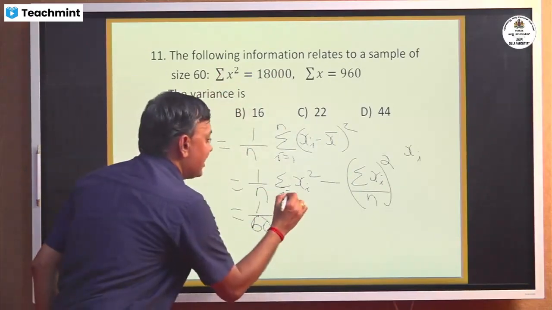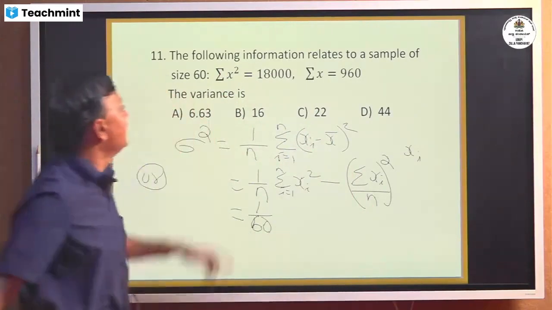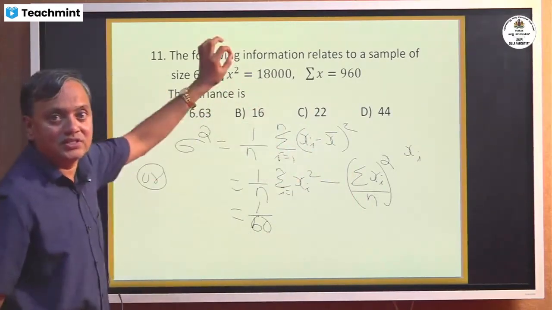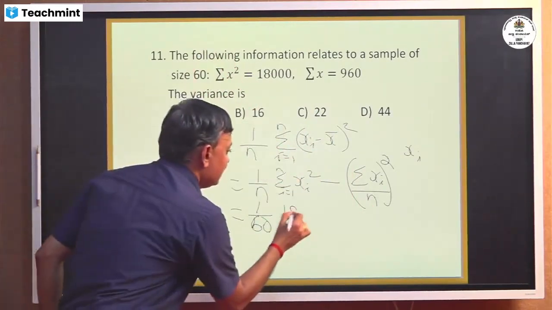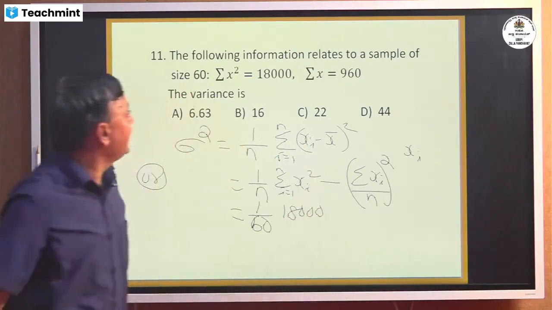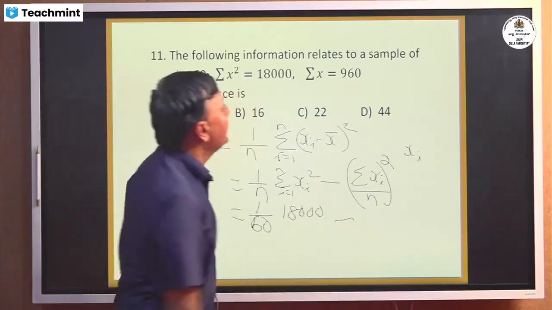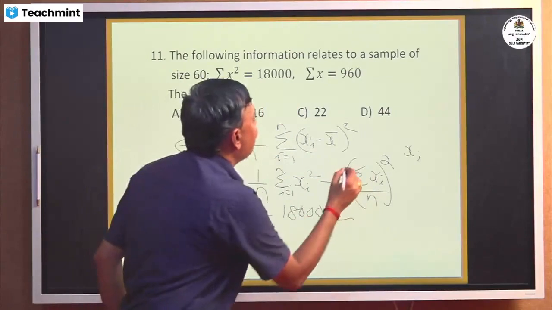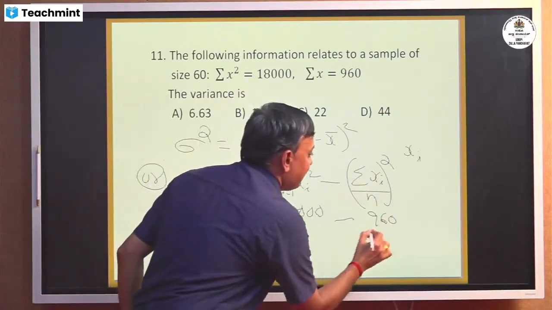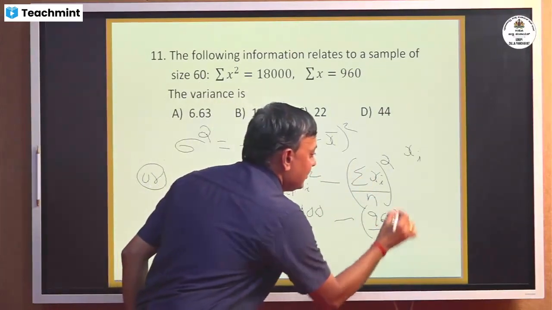So it is 18,000 by 60 minus sigma x, which is 960, by n, 60, whole square.